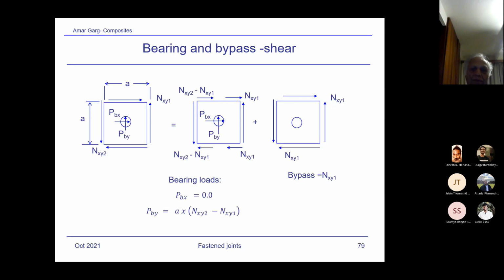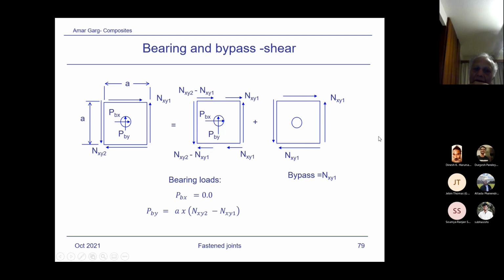When you have a shear, in shear case, it's a bit tricky. I've tried to draw a free body diagram. So this is a single fastener, and you have some loads applied, NXY2, and from this, what happens then? Part of the load will be directed to the fastener. So here I've shown some NXY1 as a bypass, and this is equivalent to this free body diagram. So I'll just say first this one, NXY1.